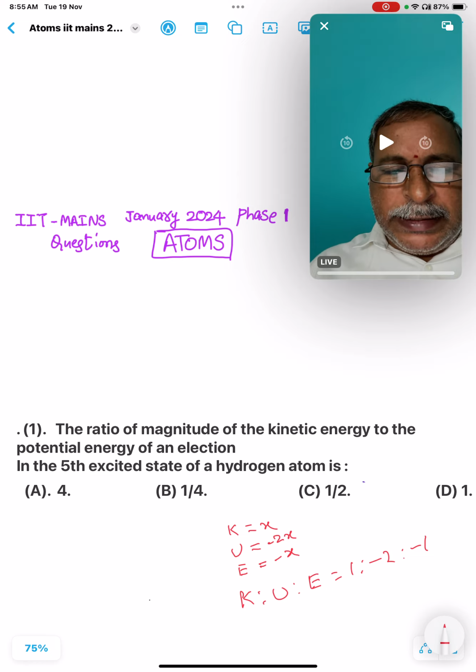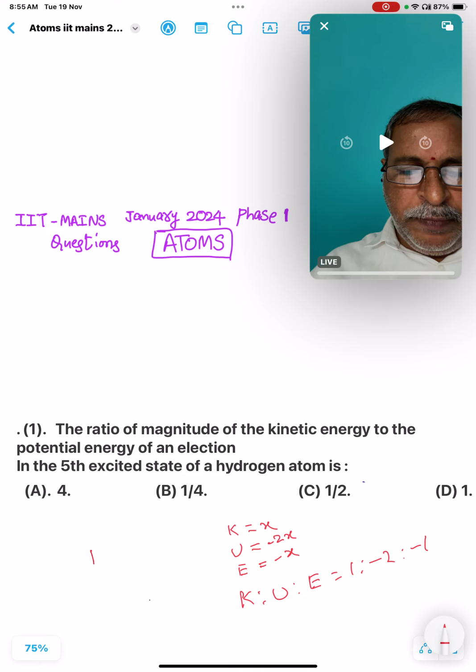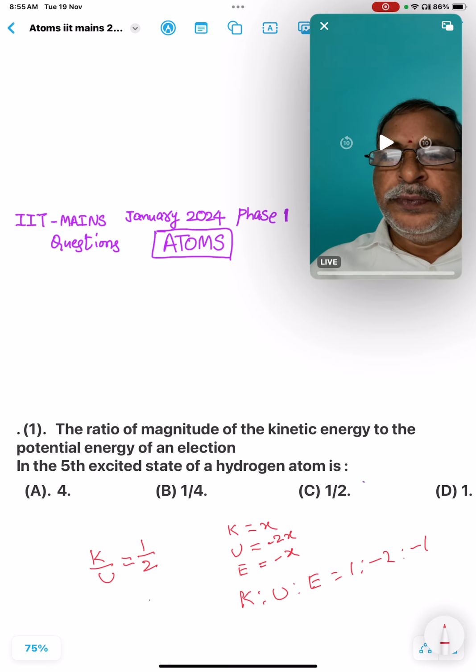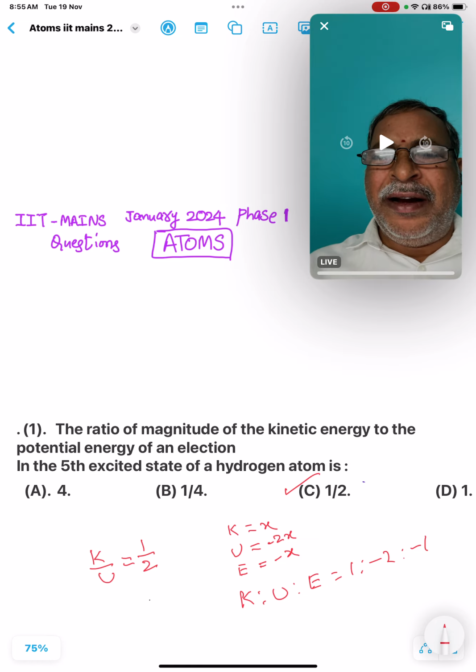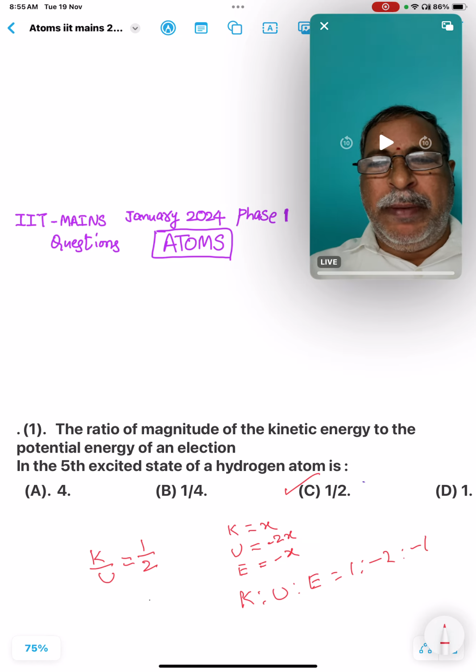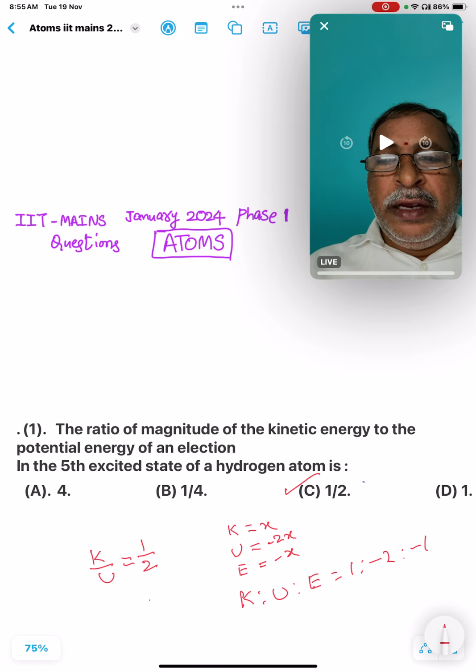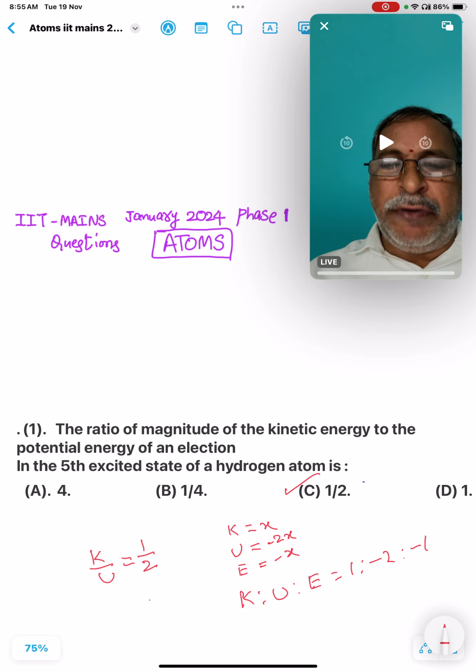Now he is asking kinetic energy divided by potential energy, so this ratio is 1 by 2. Option number 3. Very simple, within half a minute you can do this problem. A very simple question asked in phase 1 in one of the shifts in January 2024.